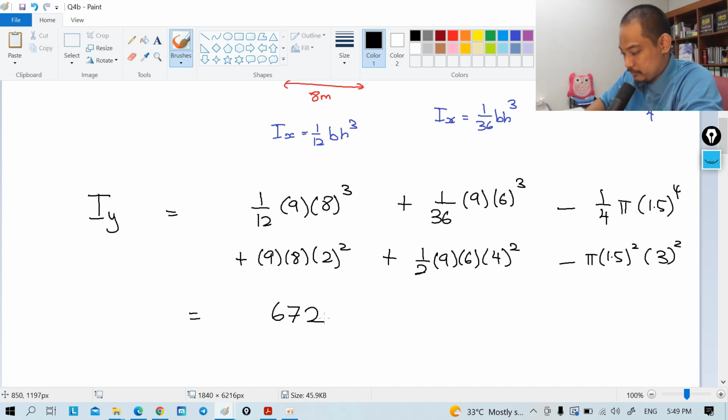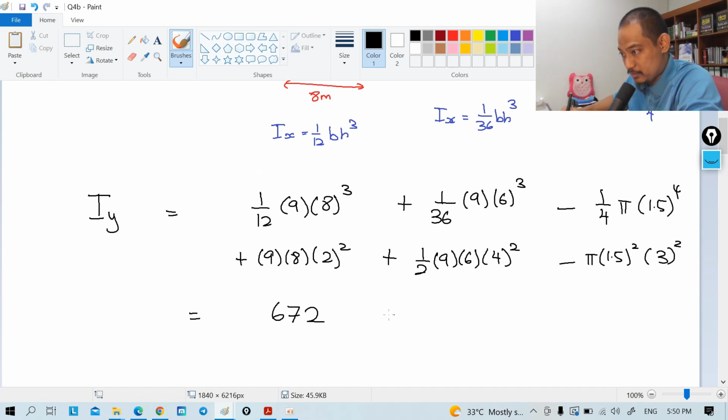Double check. 1 divided by 12 times 9 times 8 cube plus 9 times 8 times 2 square, 672. Then 1 divided by 36 times 9 times 6 cube plus 1 divided by 2 times 9 times 6 times 4 square, 486.